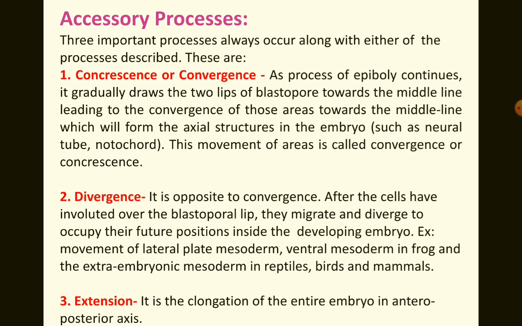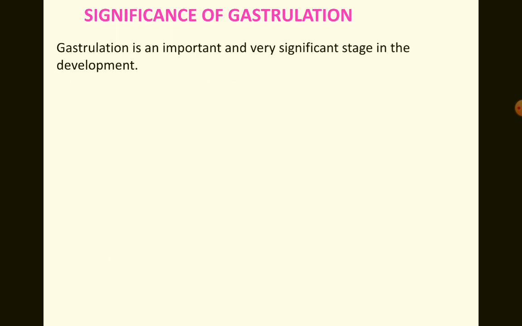So convergence, divergence and extension can occur along with the other processes simultaneously. So these are the few morphogenetic movements that occur generally in the process of gastrulation. It could be with respect to any organism; we come across these kinds of morphogenetic movements.